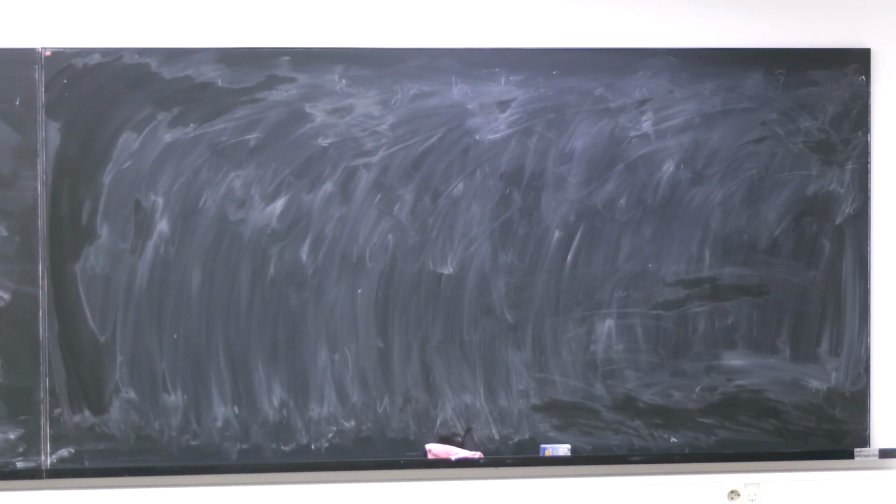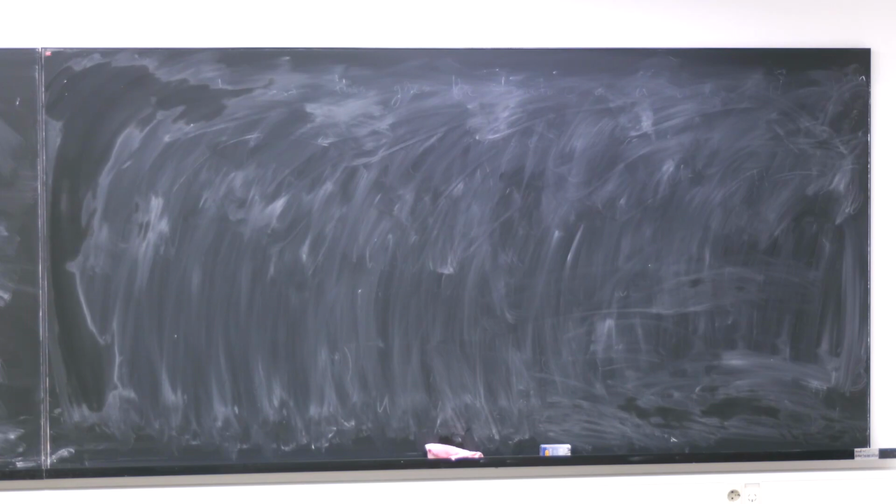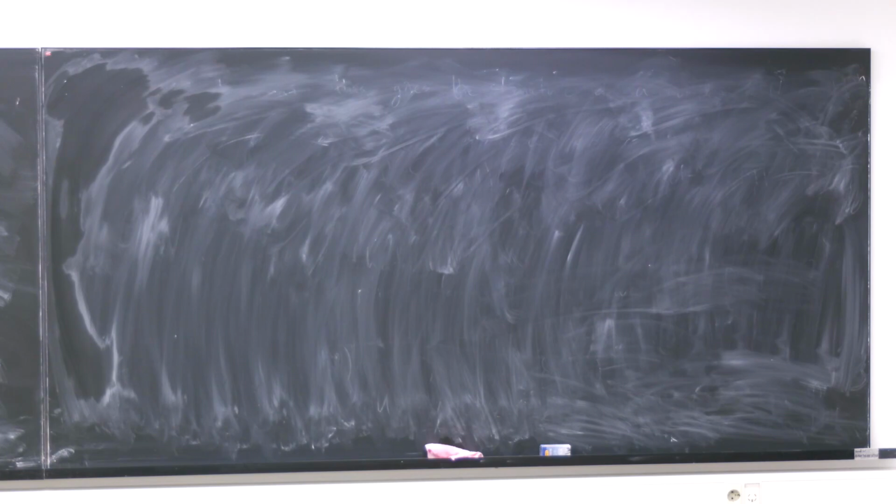Okay, so let me write it as an exercise. First of all, I will call the quotient N. So N is M mod G with the quotient topology, and the map from M to N is called pi.